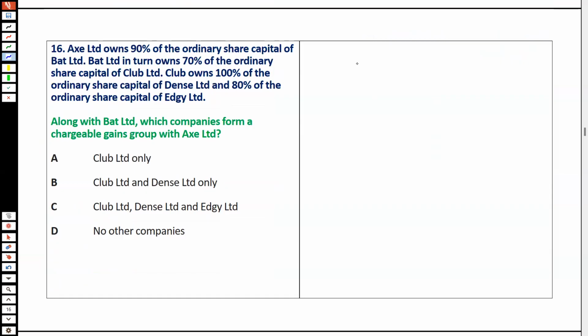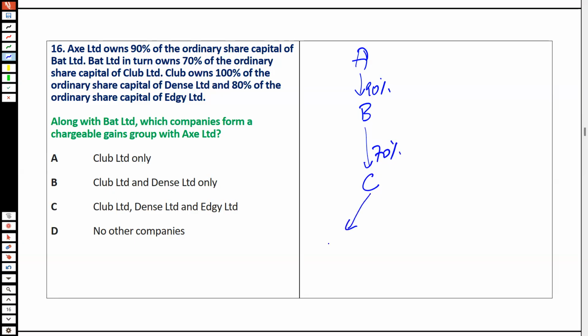X Limited owns 90% of the ordinary share capital of BAT Limited. BAT Limited in turn owns 70% of the ordinary share capital of Club Limited.